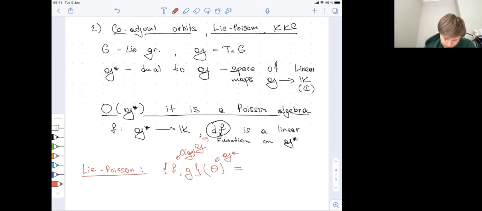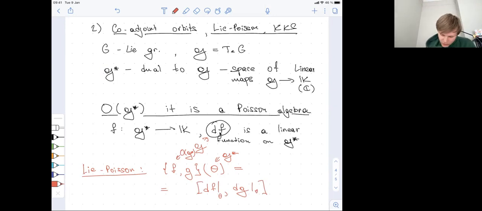The evaluation is done in the following way. I take the commutator of the differentials of my maps at point theta, both of them.